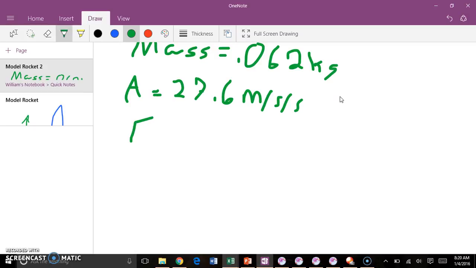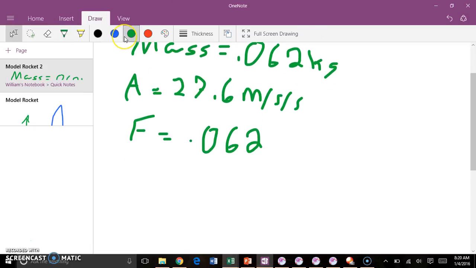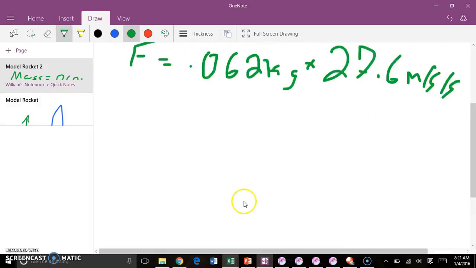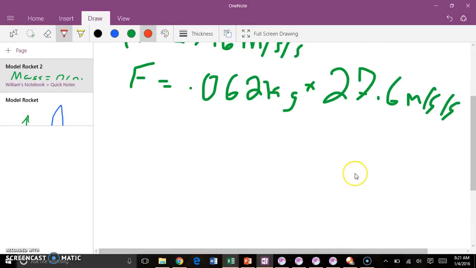So force equals the mass of 0.062 kilograms times acceleration of 27.6 meters per second squared. After you factor all that out, that gives you a total thrust. So T equals a whopping total of 1.7112 newtons.